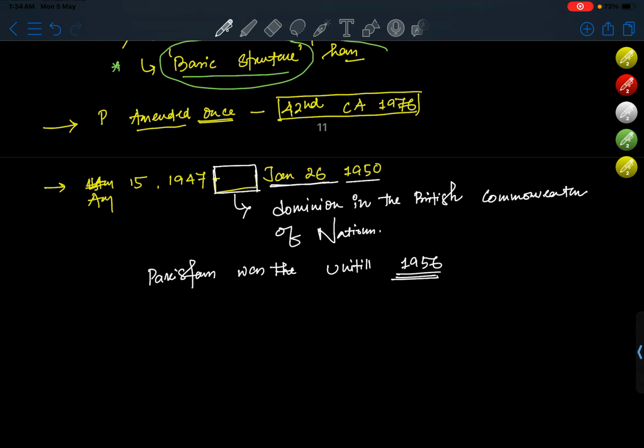Now, our constitution has been prepared and commenced on 26th January 1950. Now you should know some sources of our constitution, like what are the other sources from which this constitution has been prepared or inspired.